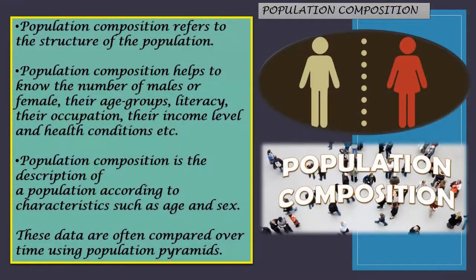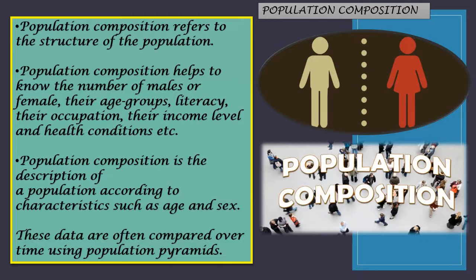Now students, let us understand what is population composition. Population composition refers to the structure of the population. Now, what is the structure of the population, students? Here it means the makeup of the population. Looking at the population structure of a place shows how the population is divided into males and females of different age groups.